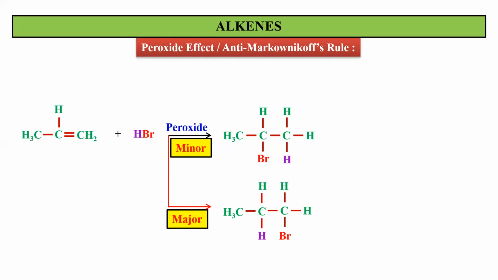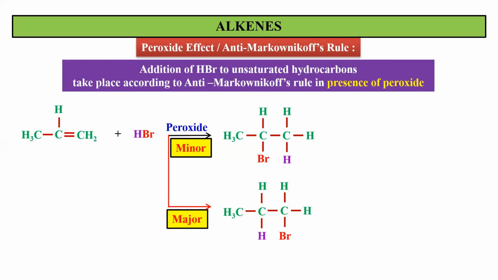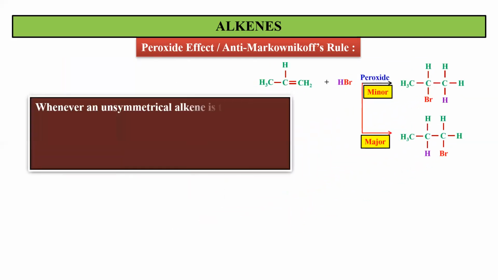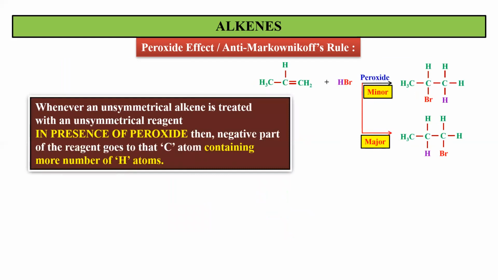Okay, what does the anti-Markovnikov rule state? Markovnikov rule ये बोलता था that the negative part should go to the carbon containing less number of hydrogen. Anti-Markovnikov rule exactly उसका opposite बोलता है, which says that the negative part goes to the carbon which contains more number of hydrogen atoms. And ध्यान रखना, this reaction will be done in the presence of peroxide. तो एक बार check करते हैं statement.